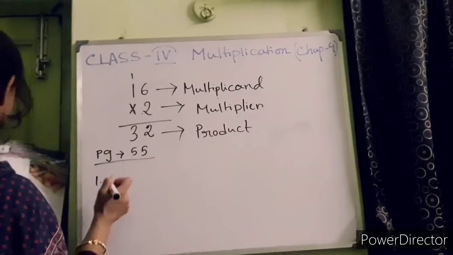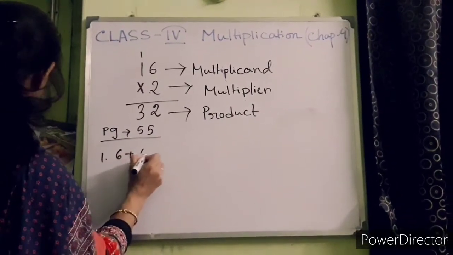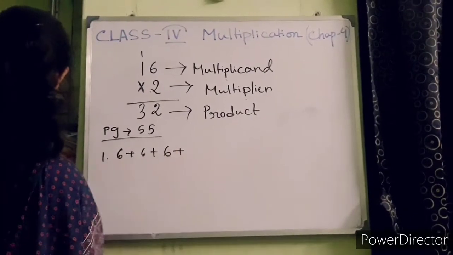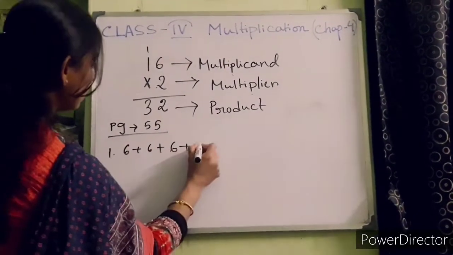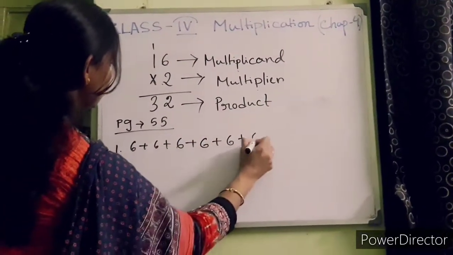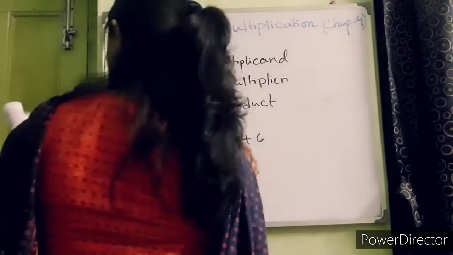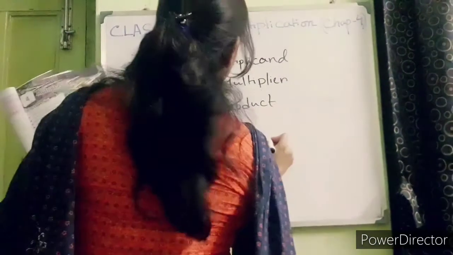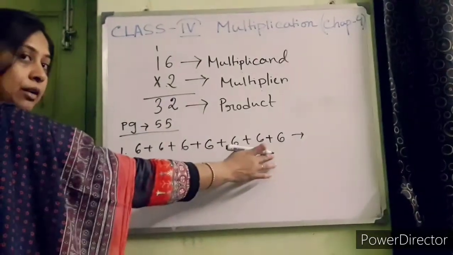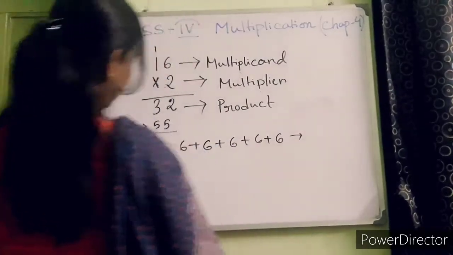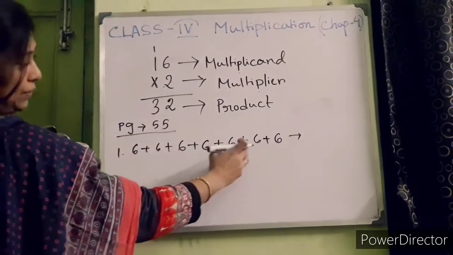Now I am doing one for you. 6 plus 6 plus 6 plus 6 plus 6 plus 6. So how many times is 6 repeated in the addition? 1, 2, 3, 4, 5, 6, 7.